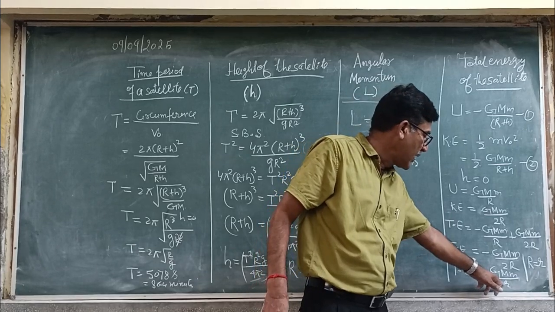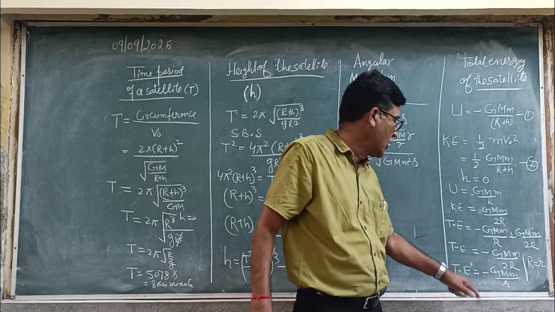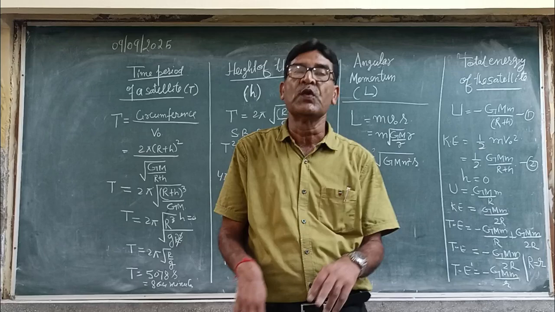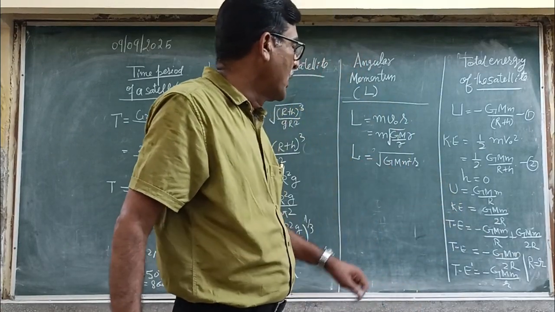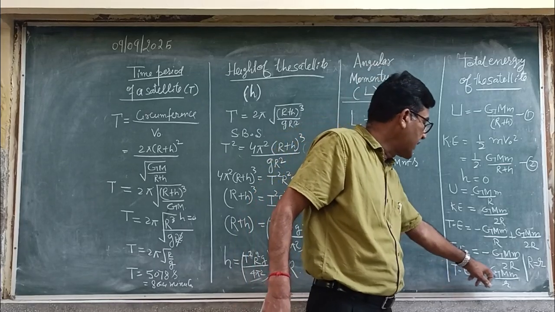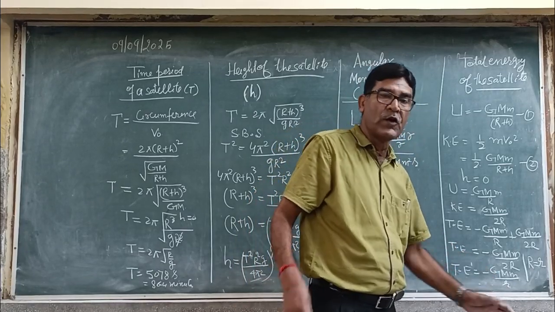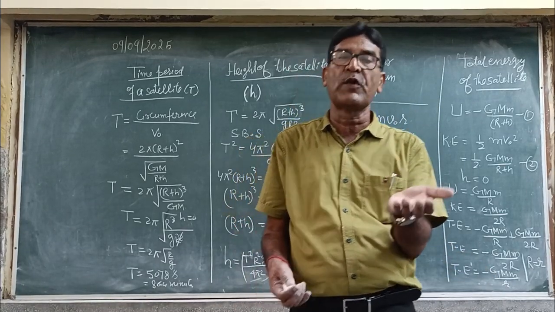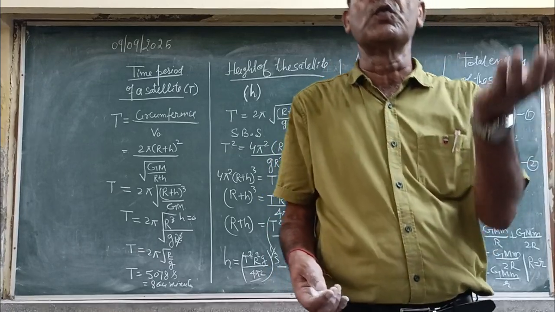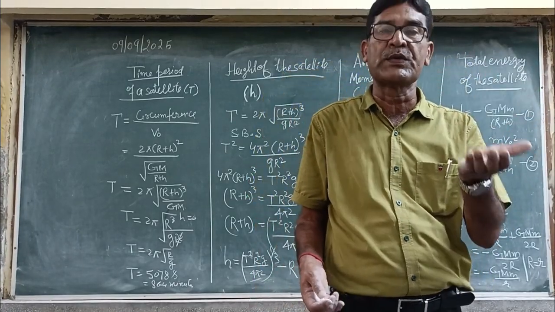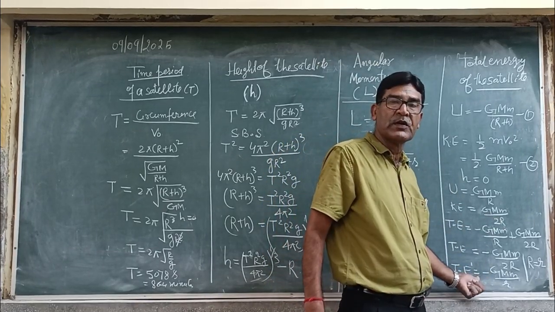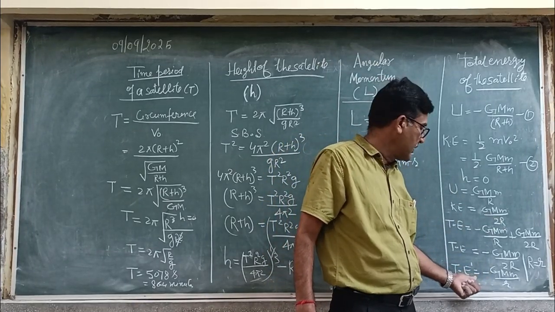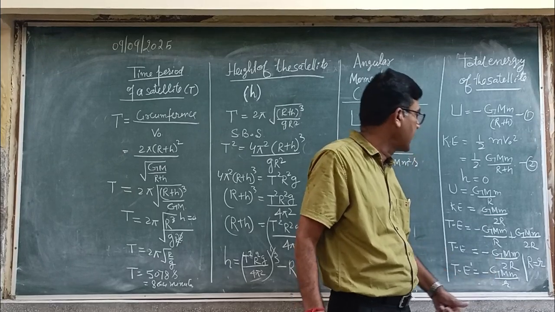At infinity, when r is infinite, total energy becomes 0, which is more than the negative energy. So it means that the satellite is bound to the Earth. In order to move the satellite from closed orbit to open orbit, we have to supply energy so that total energy becomes equal to 0. That is the significance of this minus sign.